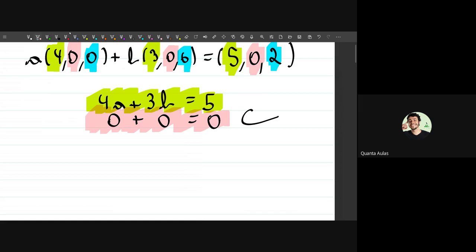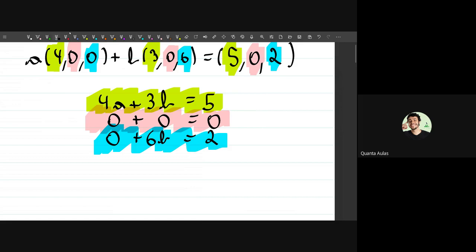But okay, 0 equals 0, right? The last one, 0a plus 6b equals 2. Okay, we have 3 equations, but only 2 are useful to us. The first and the last one.